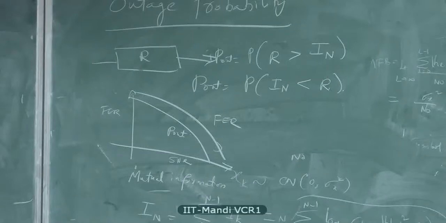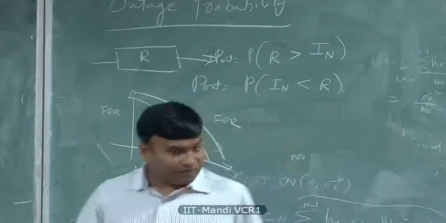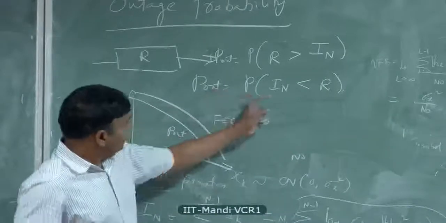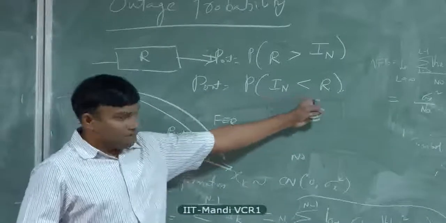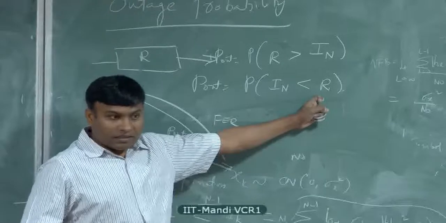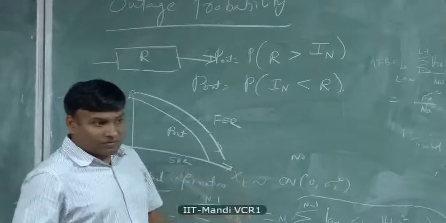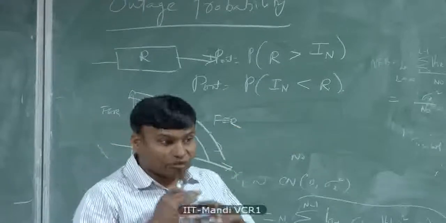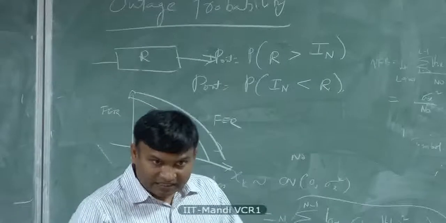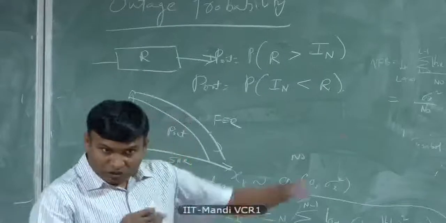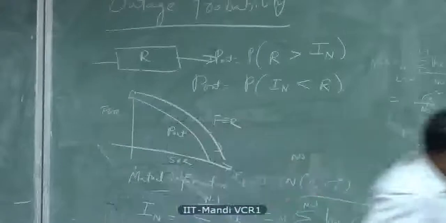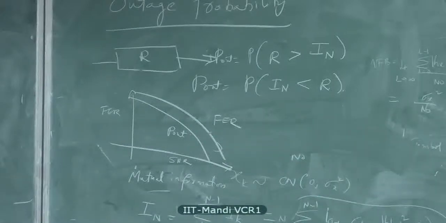You can just take it as a design rule. Okay, the outage probability turns out to be a lower bound on the frame error rate, and they have the same slope. They have the same slope. You know what is slope? Okay, the frame error rate has an expression like this.